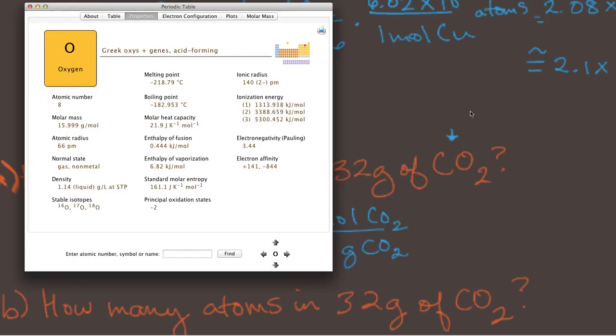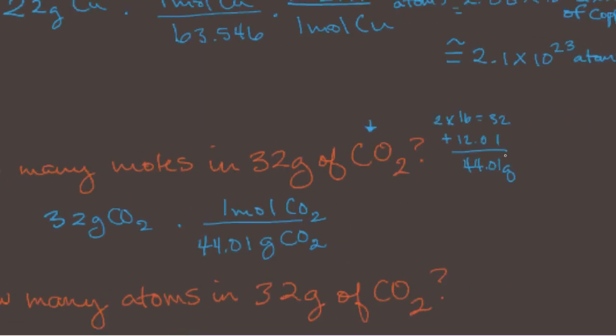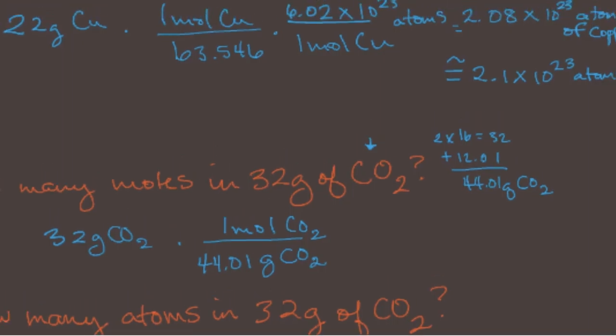So if you were to take 2 times 16, you'd get 32, plus 12.01 gives you 44.01. That's the formula mass for carbon dioxide, aka the molecular mass.